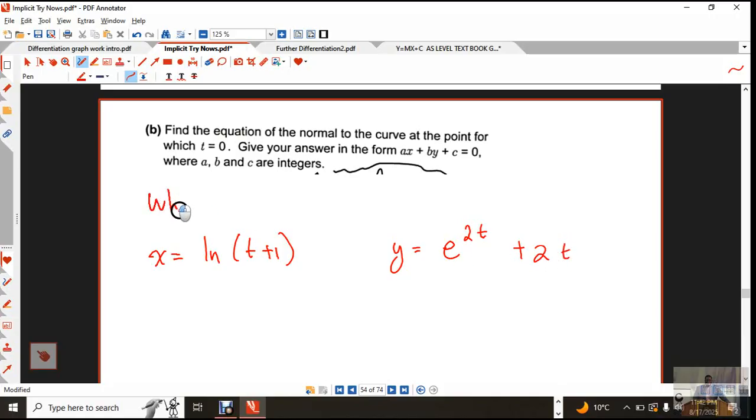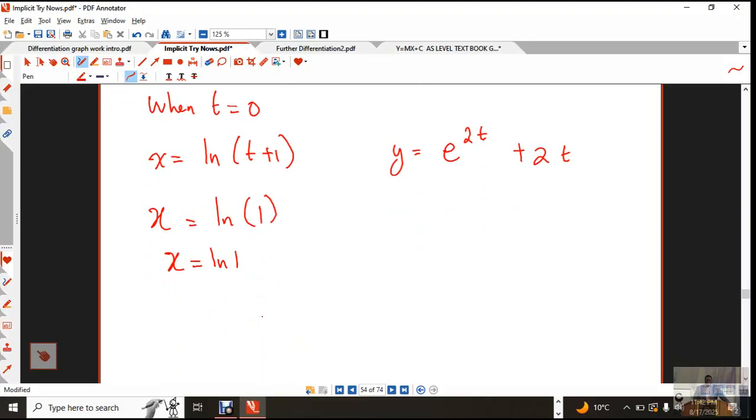So when t is equal to 0, what is going to be the value of x? That's just going to be the natural log of 1, and the natural log of 1 is nothing but 0. So x is equal to 0.